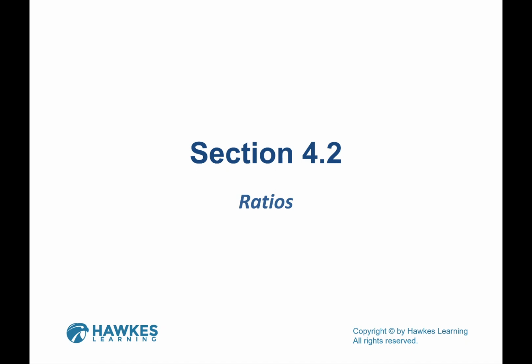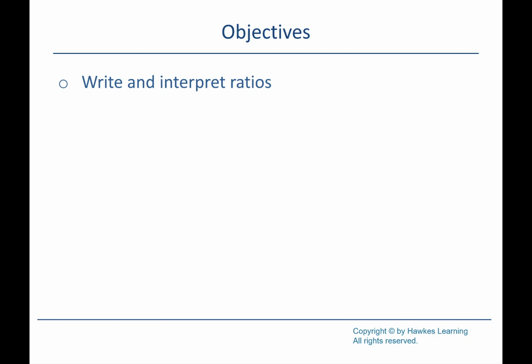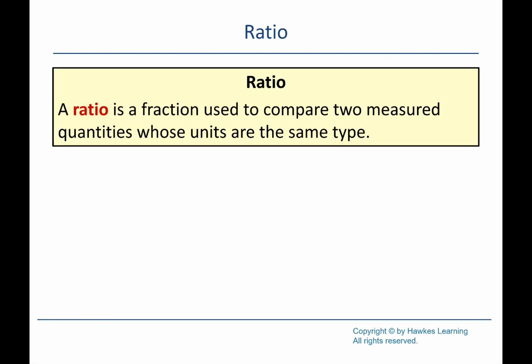This section we are dealing with not rates, but ratios. And again, there's a little bit of vagueness with what we'll call which one. Remember with rates, we said we had a fraction where we were comparing two quantities and they may or may not have the same units.